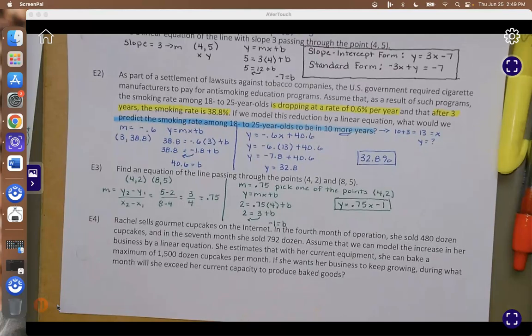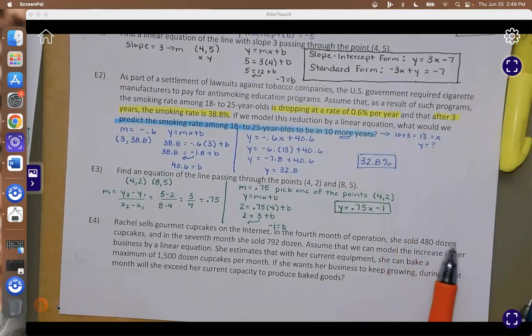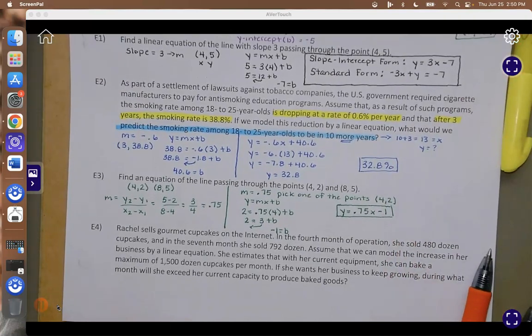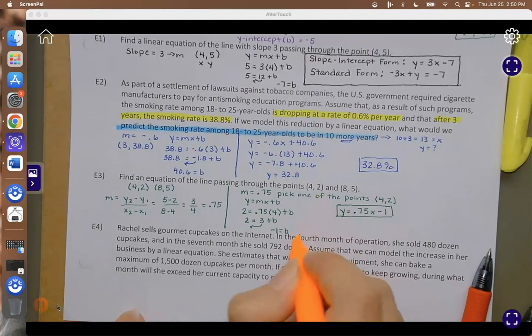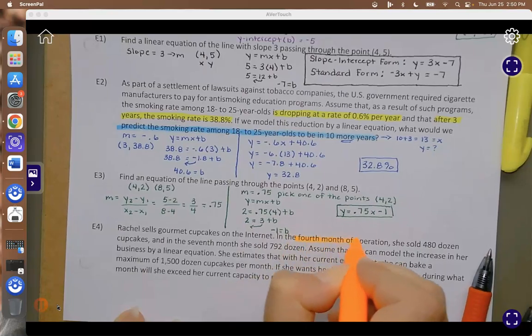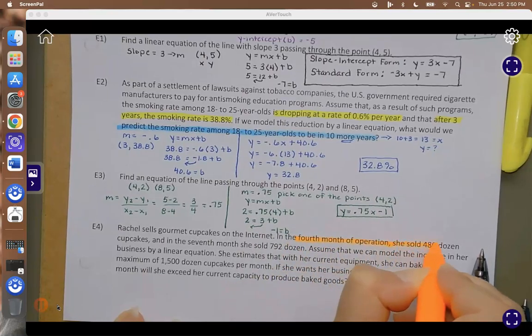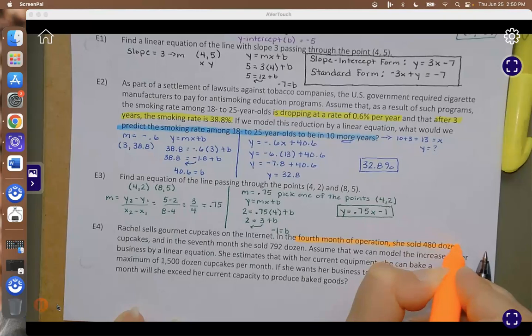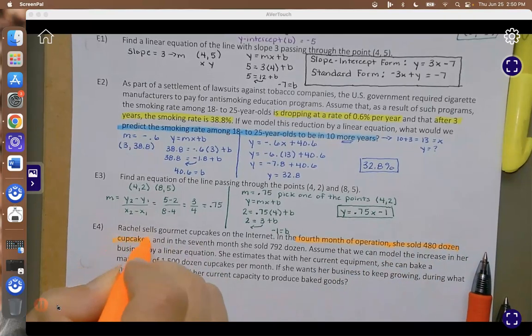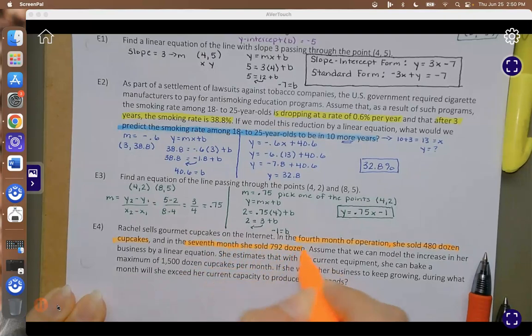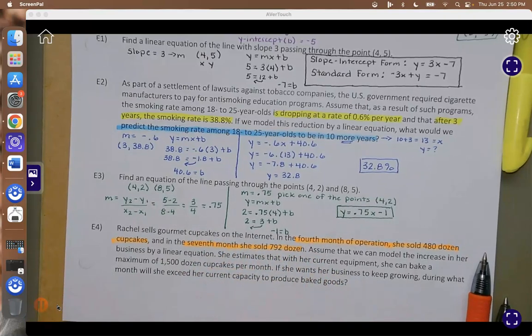Next example. Rachel's selling gourmet cupcakes on the internet. In the 4th month of operation, she sold 480 dozen cupcakes. In the 7th month of operations, she sold 792 dozen.